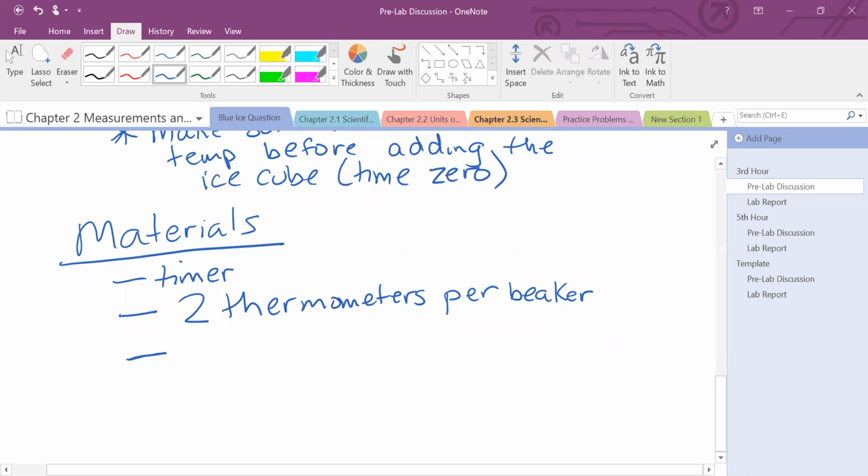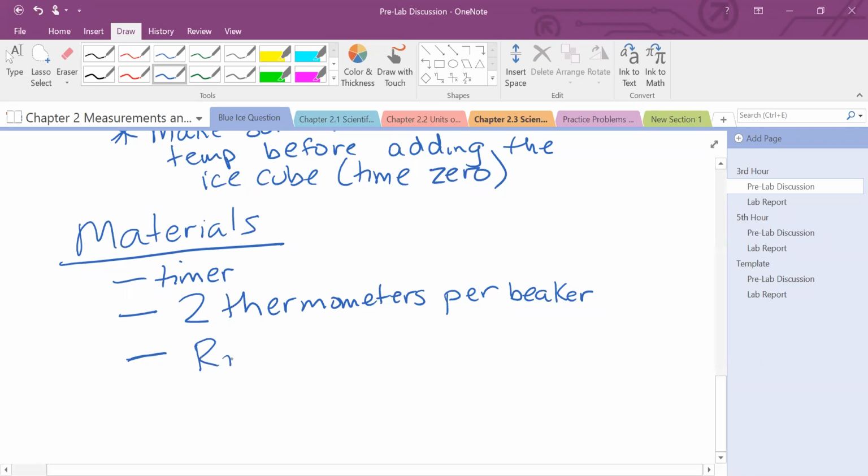You'll still need a timer. Anything else we need from this that's different? I mean, you're still going to need what you had from the qualitative. Anything else that's different that we'll need? I know that I don't like to sit there and hold the thermometer. And if you hold it and move it around too much, it disturbs the layers. One we can just set in the bottom, but we need something to hold the thermometer at the top.